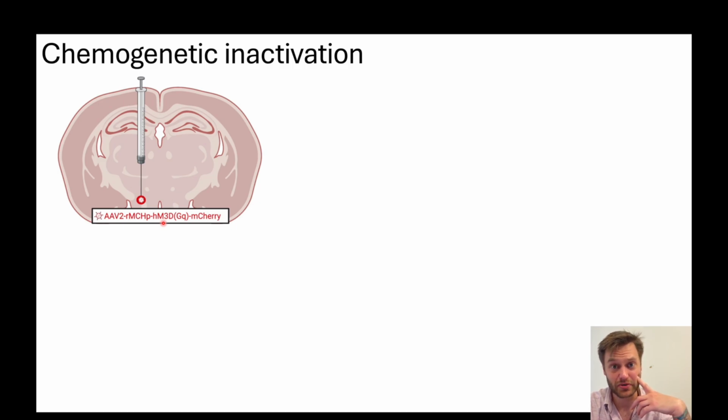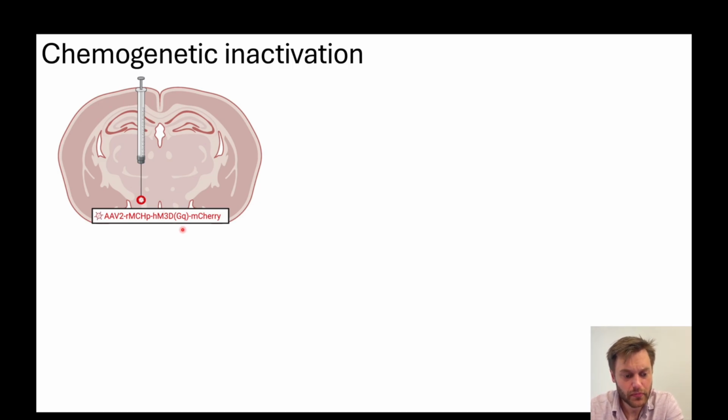It's sensitive to acetylcholine. And they took this human muscarinic receptor and manipulated it so that it would only be sensitive to a particular type of drug. So instead of the receptor being sensitive to acetylcholine, which your body naturally produces, it's now sensitive to a synthetic drug that you can inject exogenously.